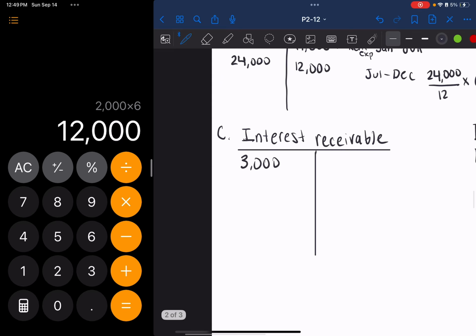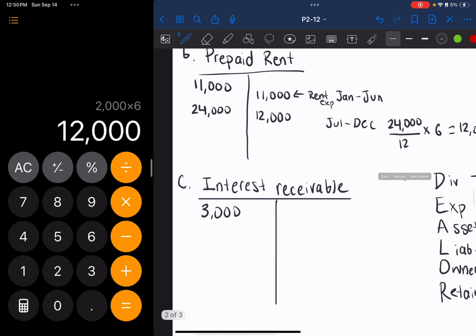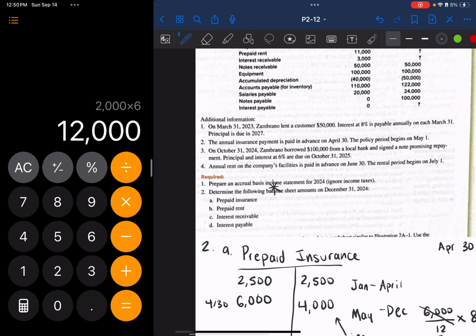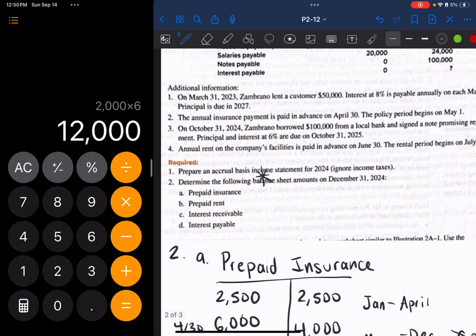So let's go back to interest receivable though. We're given the beginning balance of $3,000, and then this is related to the additional information number 1 because it's a receivable. So they lent the customer money and they're getting interest, and then they'll eventually get the principal.